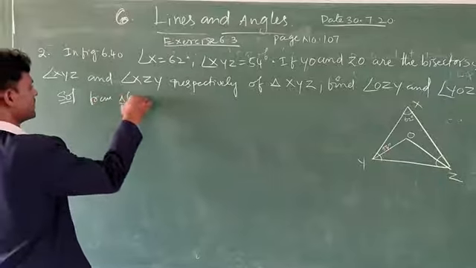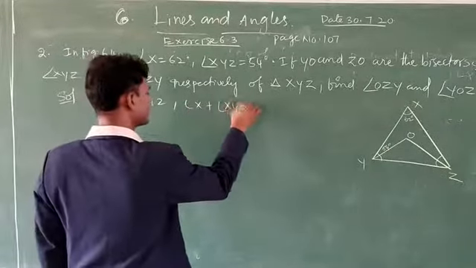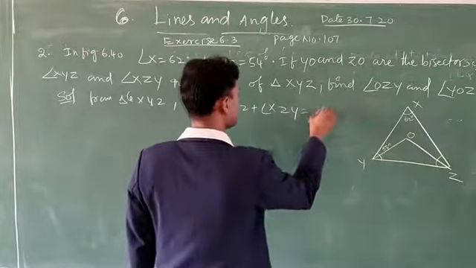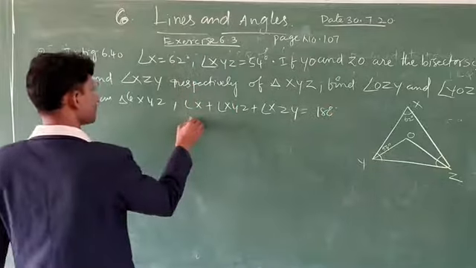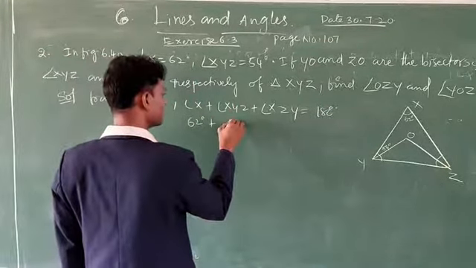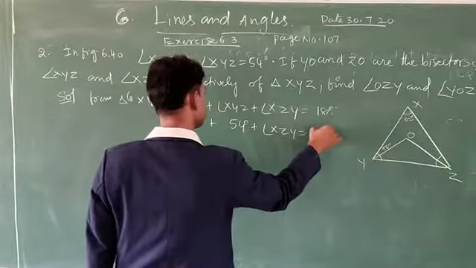From triangle XYZ, angle X plus angle XYZ plus angle XZY is equal to how many degrees? 180 degrees. This is 62 degrees plus angle XYZ, which is 54 degrees, plus angle XZY is equal to 180 degrees.